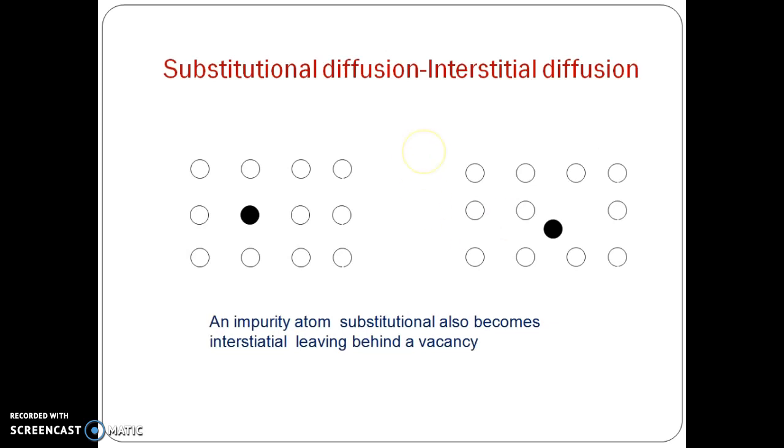And in case of substitutional diffusion and interstitial diffusion combined, the impurity atom which was in the regular lattice position will jump into an intermediate position. So the impurity atom becomes interstitial, leaving behind a vacancy.